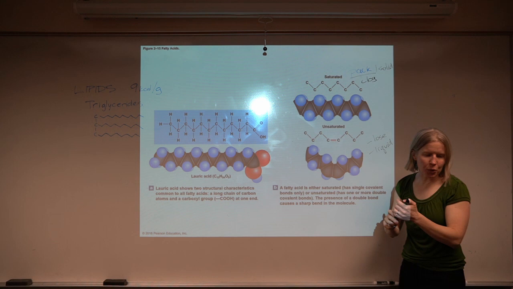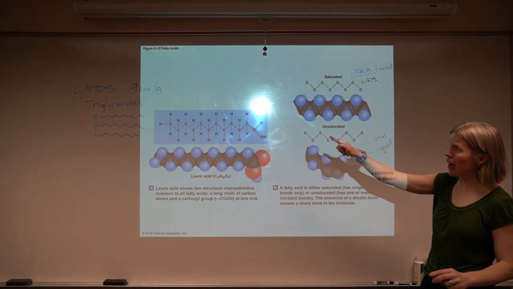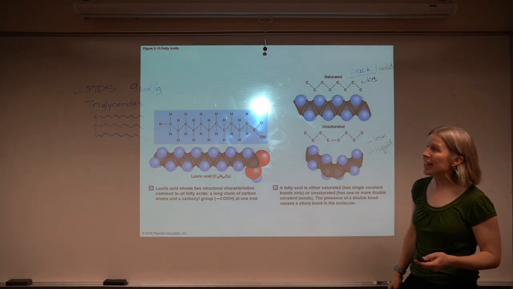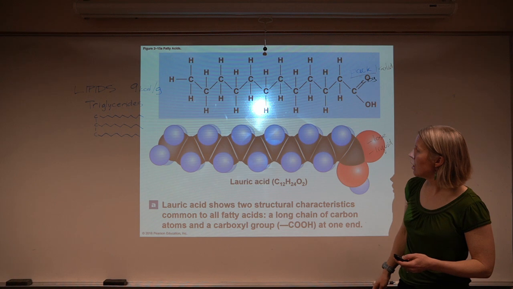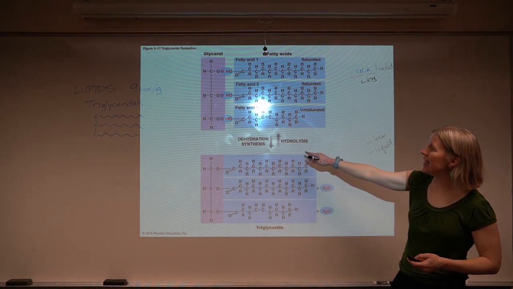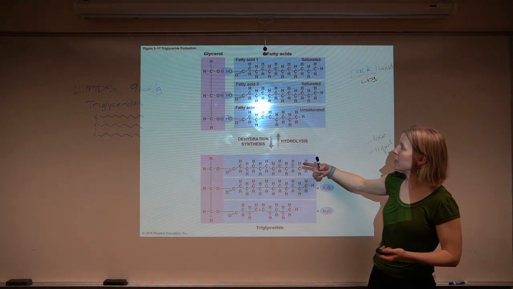Anyway, so in your lipids, fatty acids get packed together as triglycerides, and that's our storage form. That's what you would find in adipocytes. Okay. It is again dehydration and hydrolysis that actually builds these molecules.